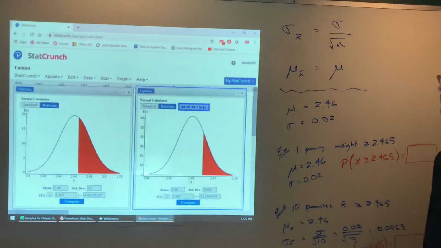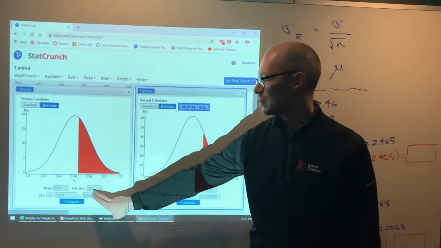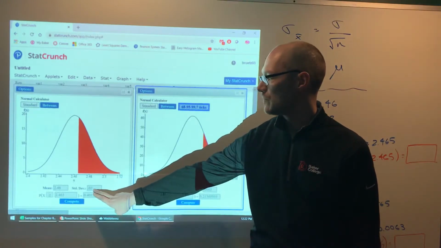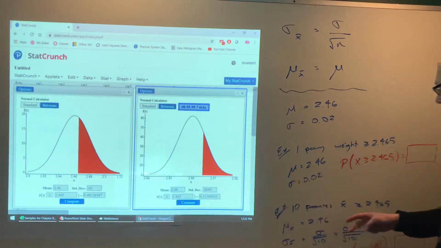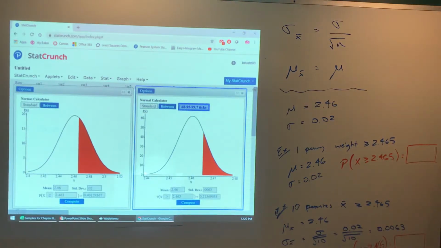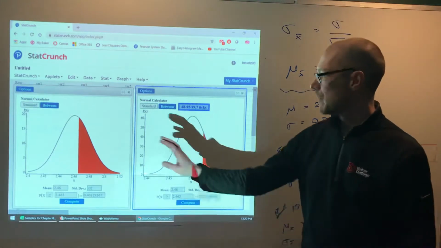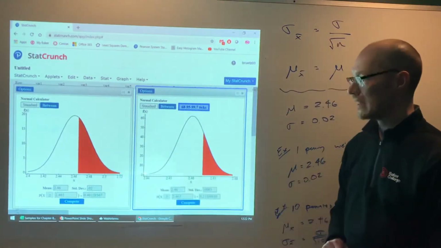Here are the two values in StatCrunch. In this case, with our standard deviation of 0.02, here with our standard deviation of 0.0063. That is the 0.02 divided down by the square root of 10. And I don't know if you can read the numbers, but maybe you can see the size of the red values.